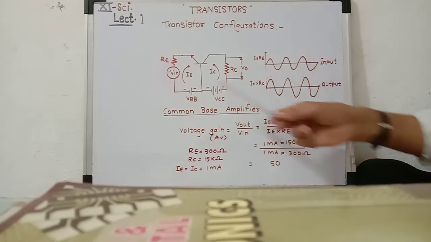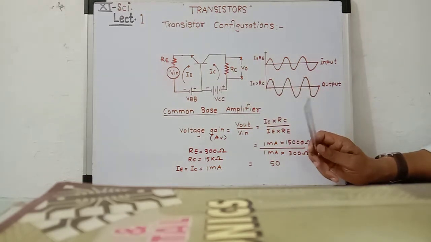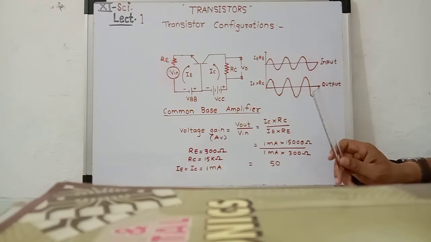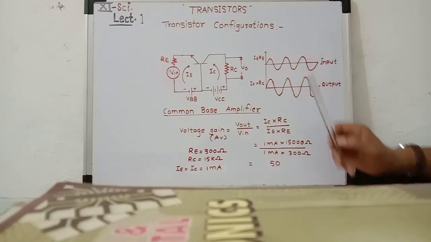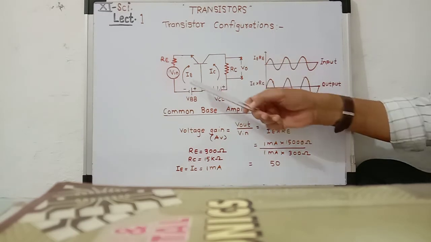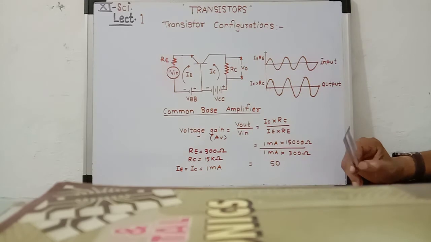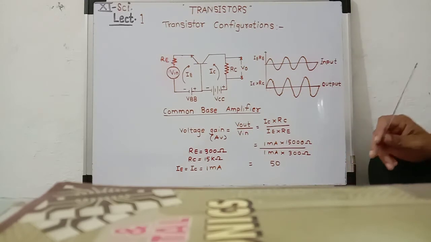But since the emitter current is very large, the input resistance is very small, low.